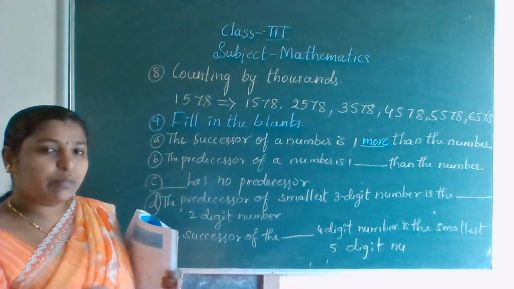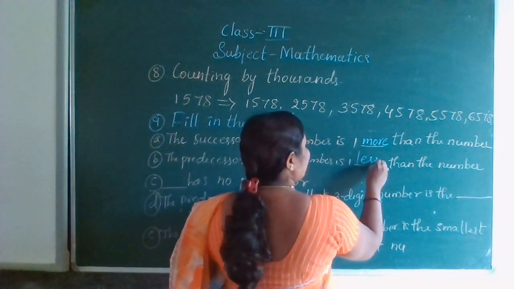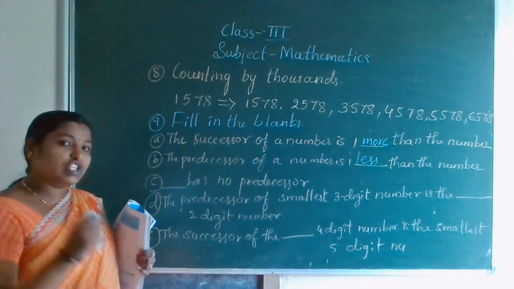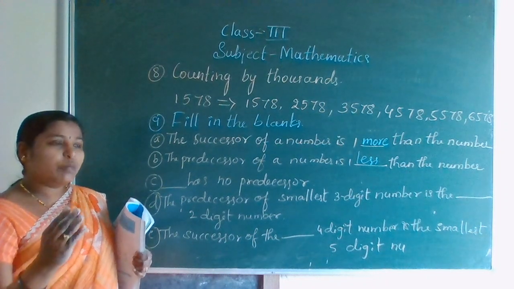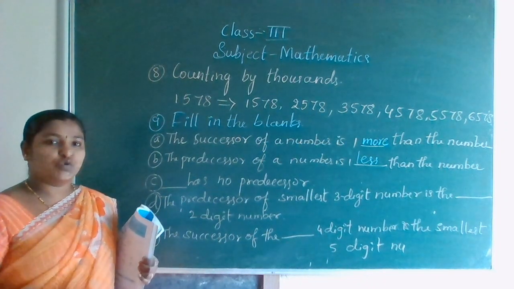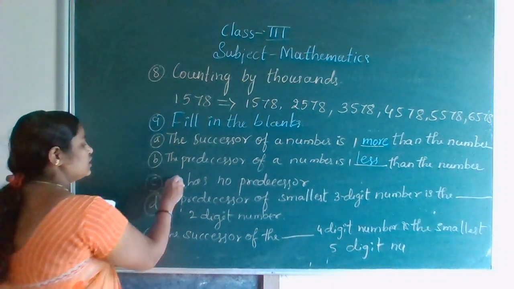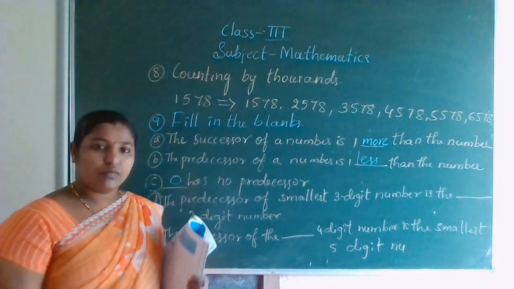Predecessor always will be less than the given. So answer is less. Dash has no predecessor. Which number is not having predecessor? So which number will start from the first? We should think that. Before that there is no number. That is 0. Yes, we will start the numbers from 0.